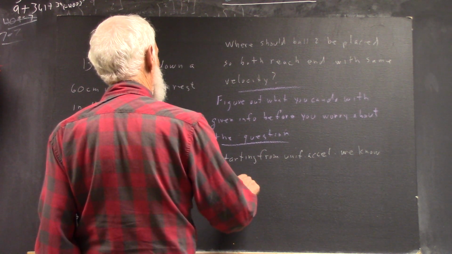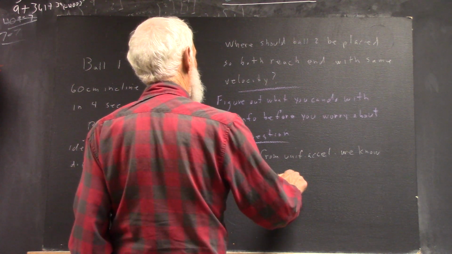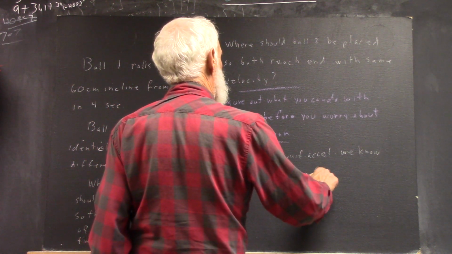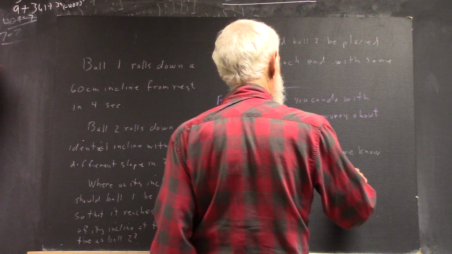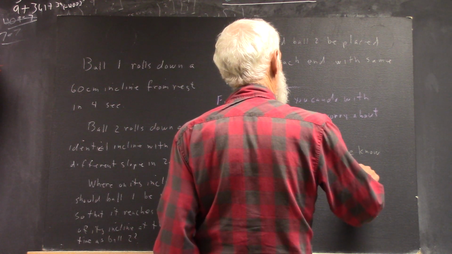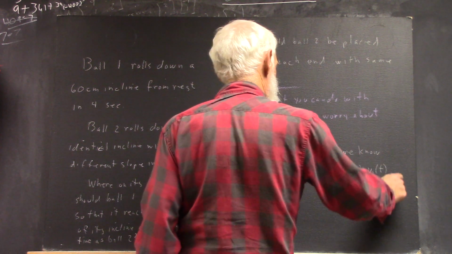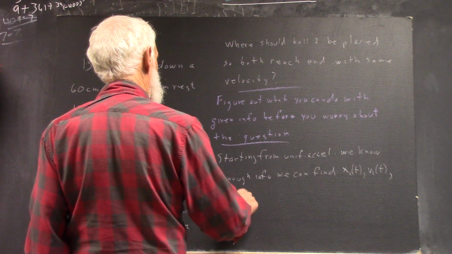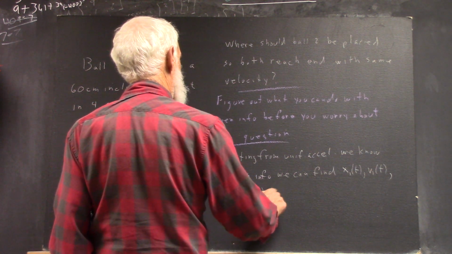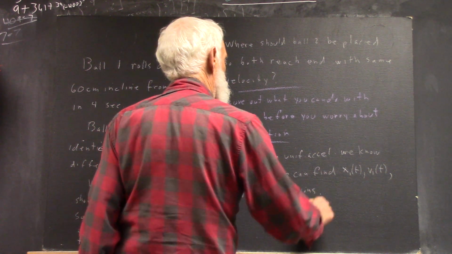If we have enough information, we can find our x1 of t, v1 of t, x2 of t, v2 of t functions. Right?